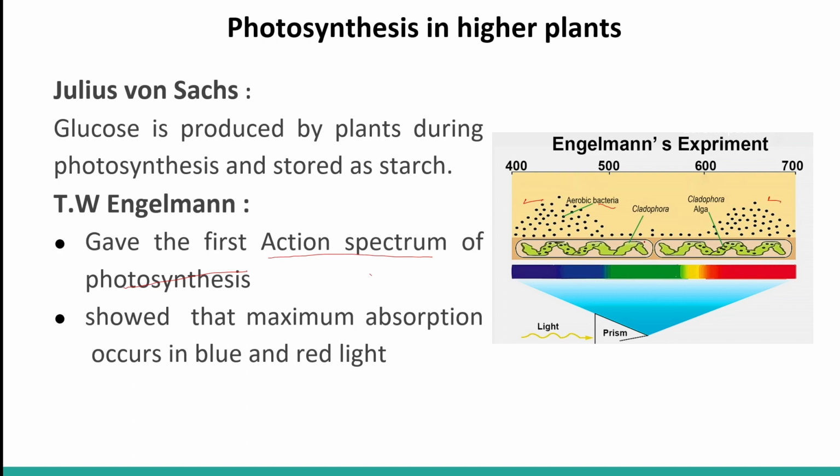This is the red region. This is how he showed that there was maximum absorption in the blue and the red regions of the visible spectrum. You can say there is maximum oxygen evolution in the blue and the red regions, and correspondingly there was accumulation of aerobic bacteria in the blue and the red regions.